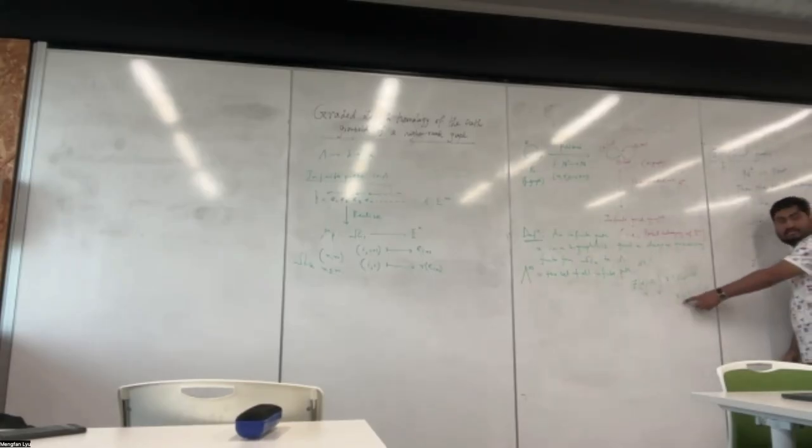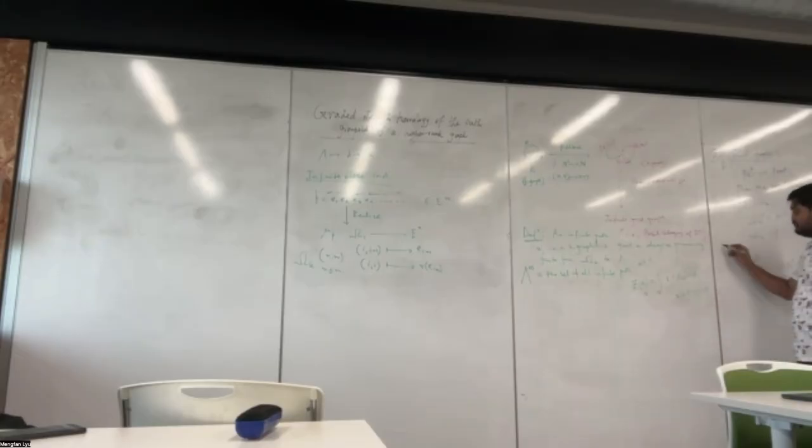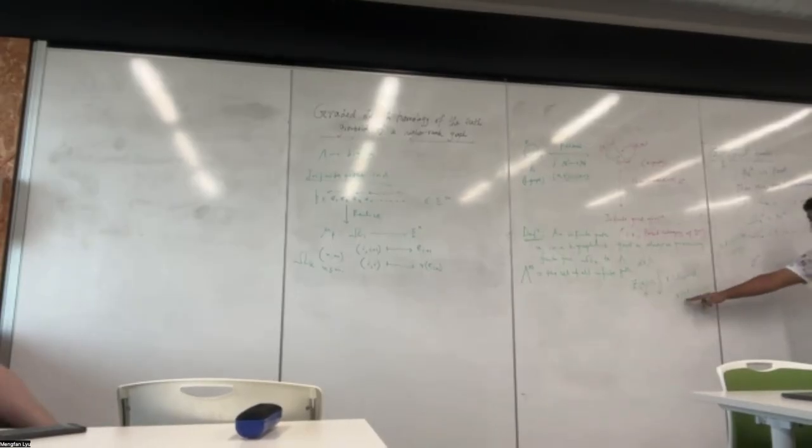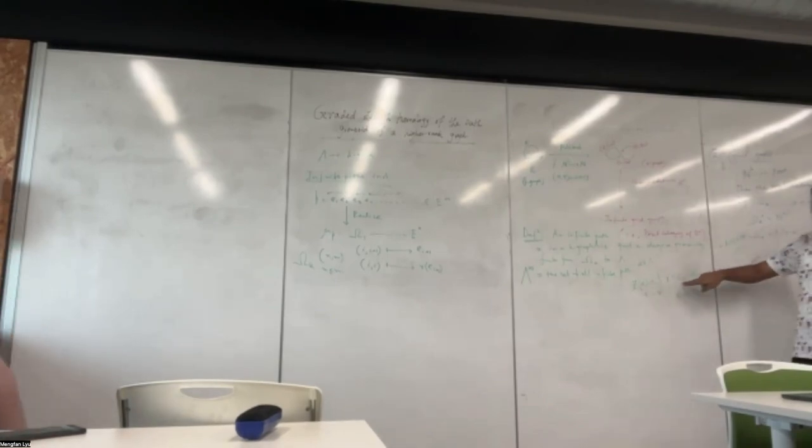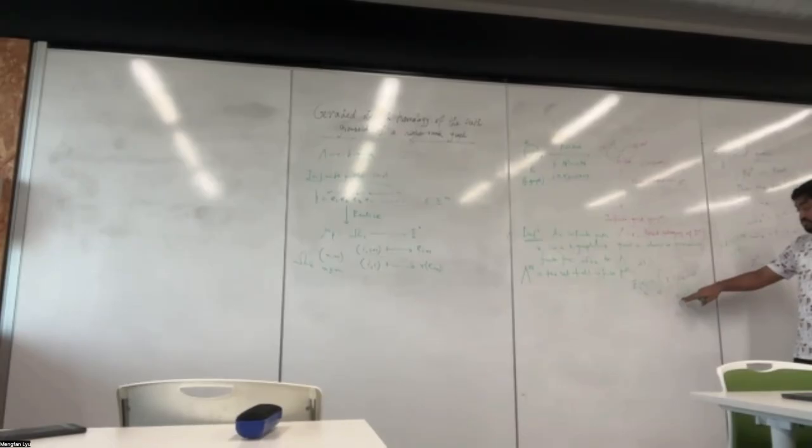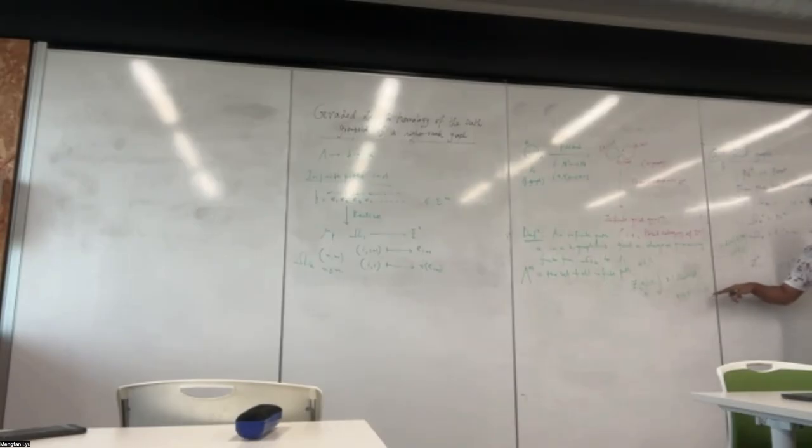I think this notation makes sense because 0 and d alpha are both in N^k, and obviously 0 is less than or equal to d alpha. That means this pair is a morphism in omega k, and I am applying the functor x. So I will get a morphism in lambda having the same degree. And the condition is that it should coincide with alpha.